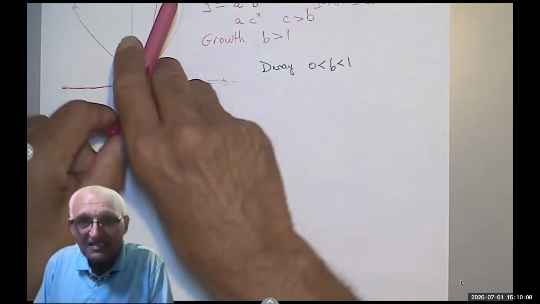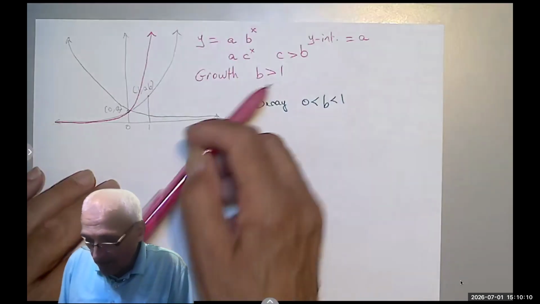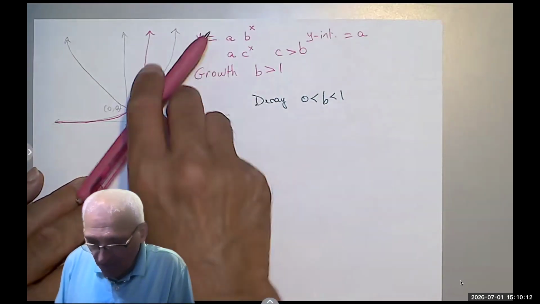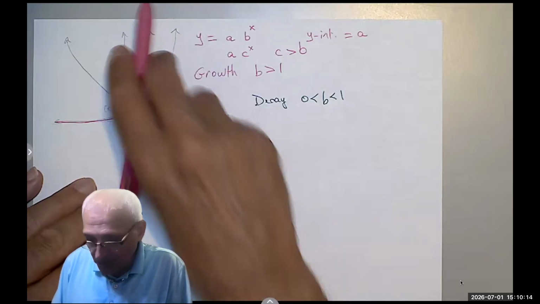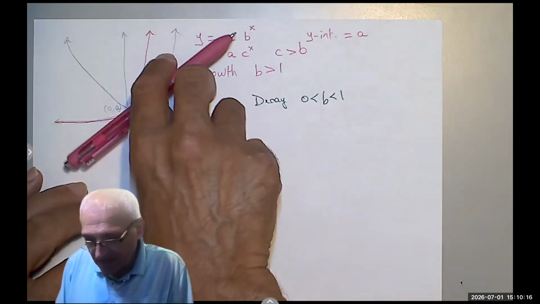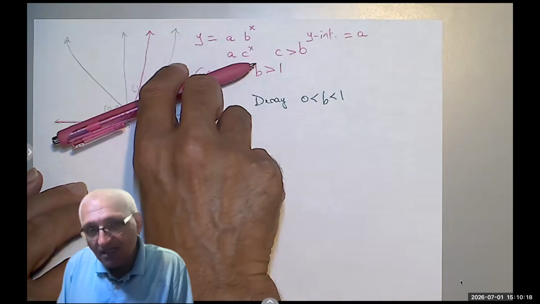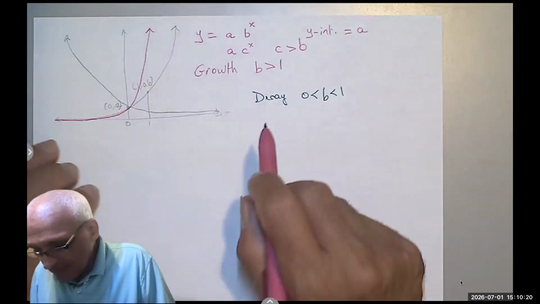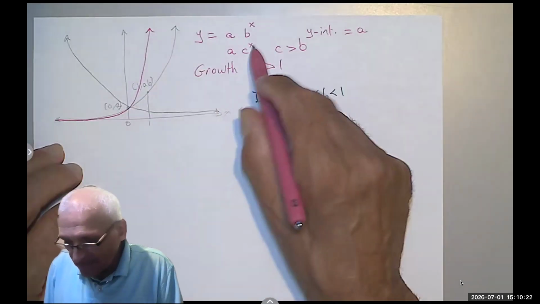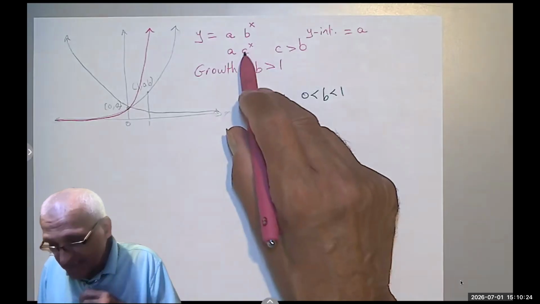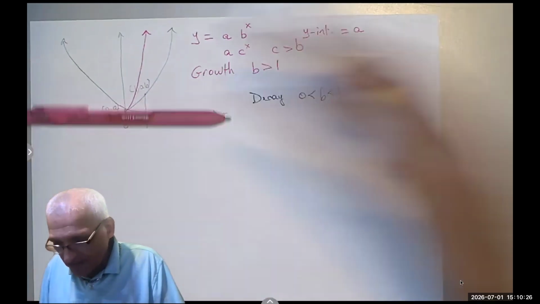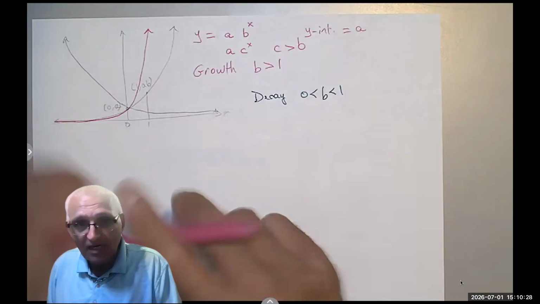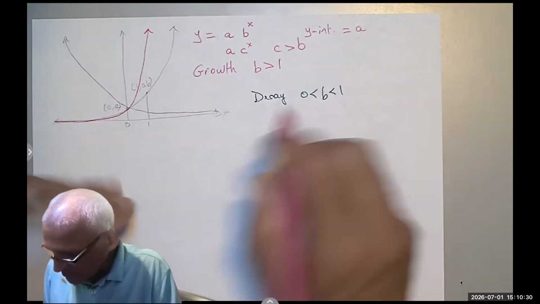It would be steeper. So you increase c, it will be steeper. You decrease c, it becomes flatter. Unless c is 0, then it would be like a horizontal line, the x-axis, but of course you won't get that.